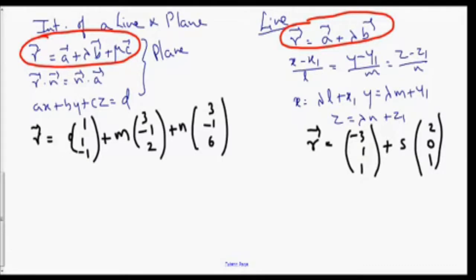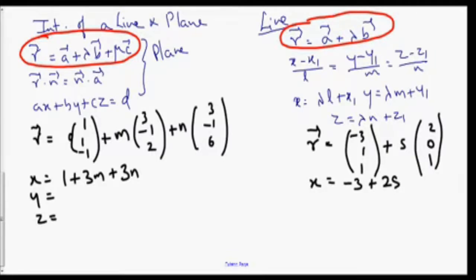So you have to make three simultaneous equations for this. Like you should say x is equal to 1 plus 3m plus 3n, and in this case x would be equal to minus 3 plus 2s, and y equal to and z equal to. You'll get m and n here, and you'll get s here.